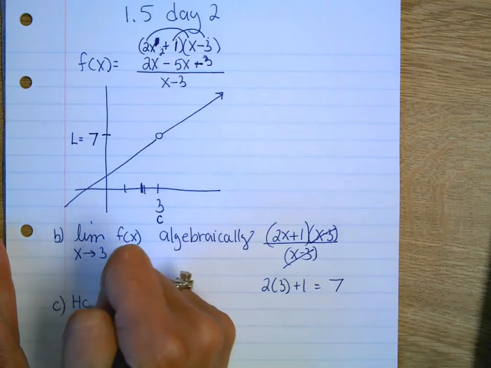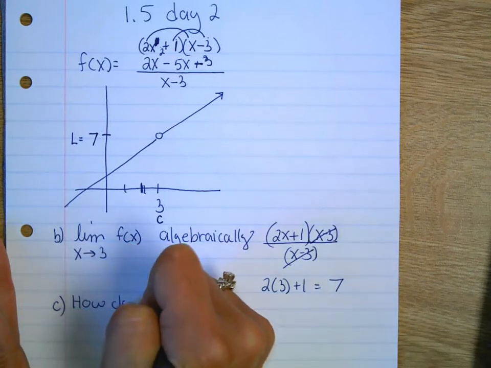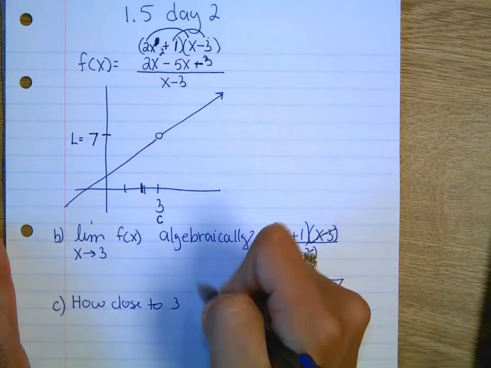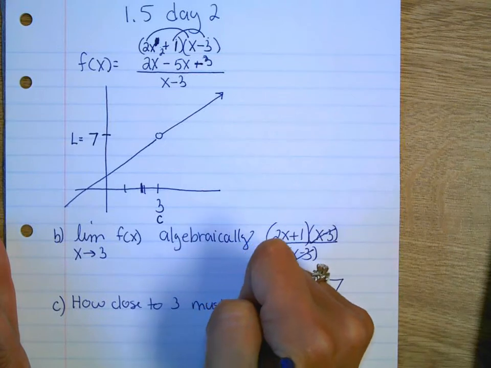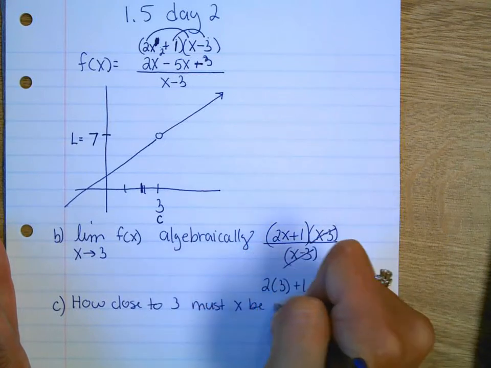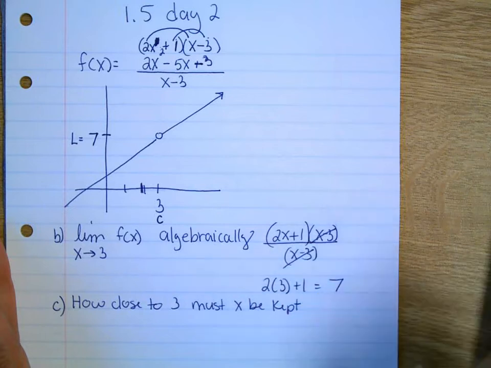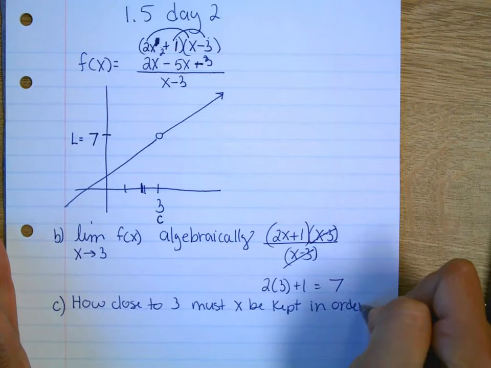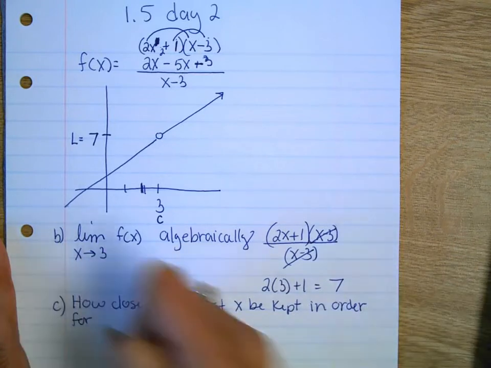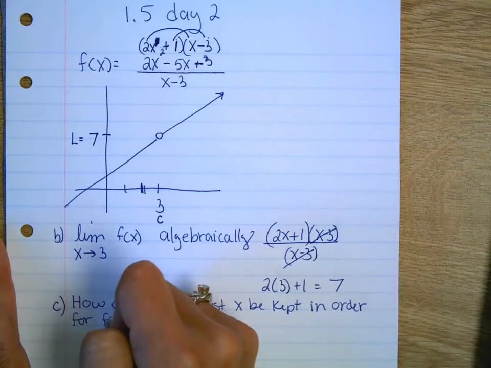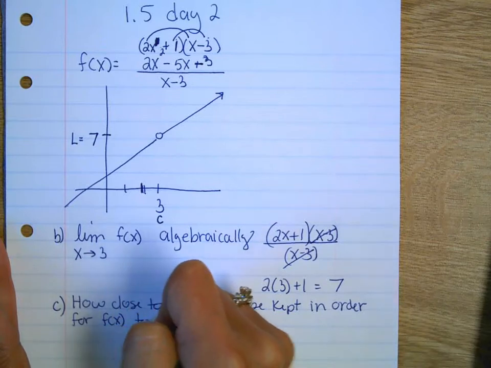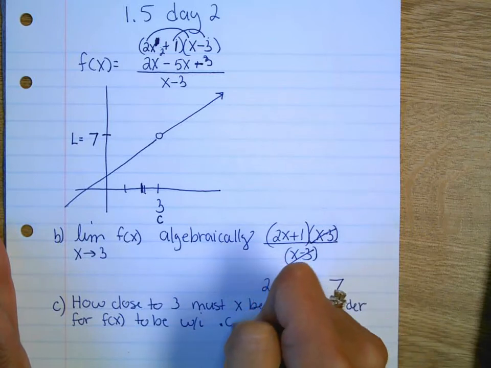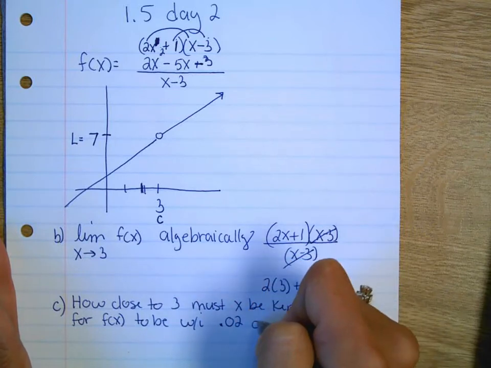How close to 3 must x be kept in order for f of x to be within 0.02 units of the limit?